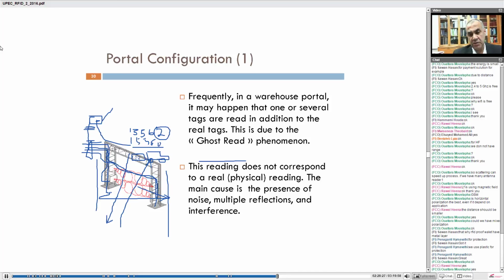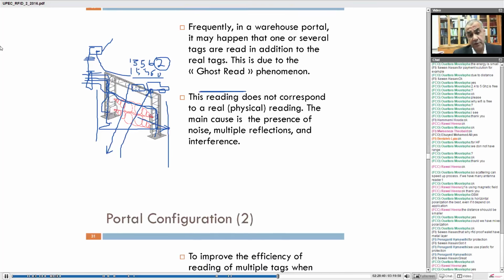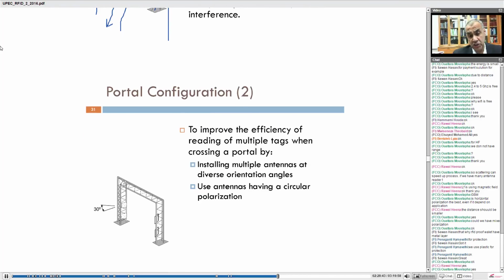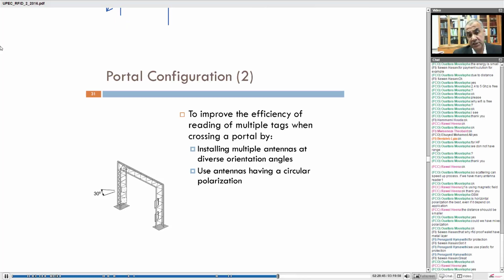So multiple reflection interference can change the number of the EPC. The EPC number can have just a small bug, and then you have a ghost read. So the ghost read is mainly due to the presence of noise, multiple reflections, and interference. How to avoid this? It's very important to remember the ghost read and the reason for the ghost read.